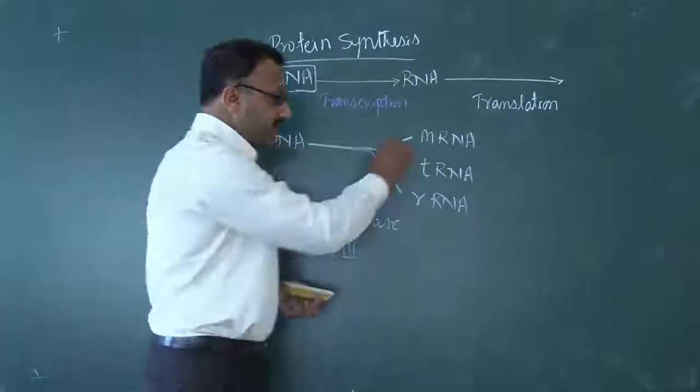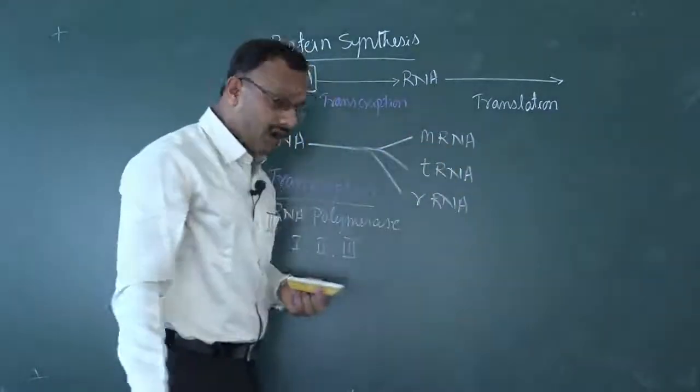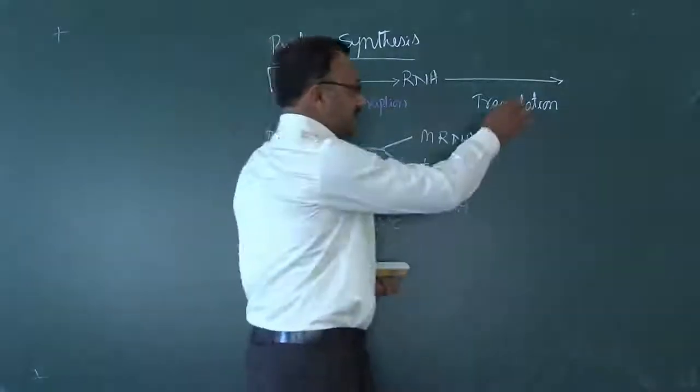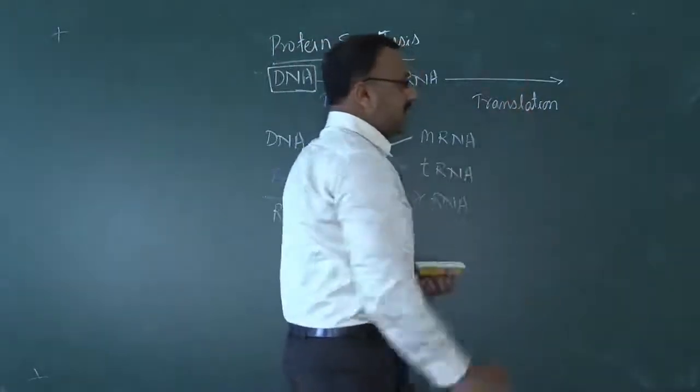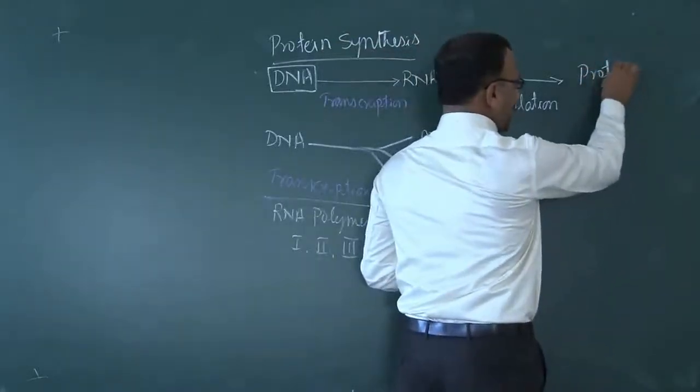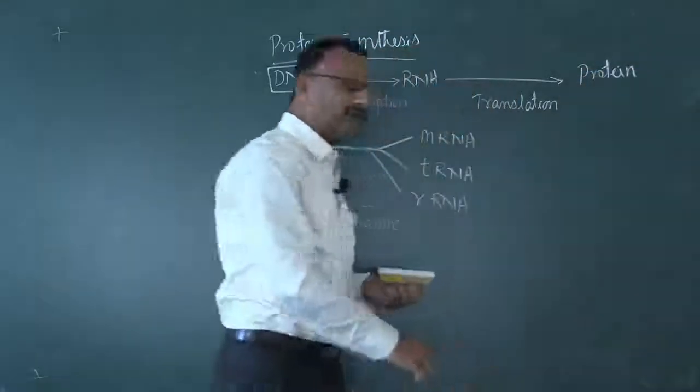Now these three forms of RNA along with the amino acids are involved in the process of translation, which ultimately gives the product called protein.